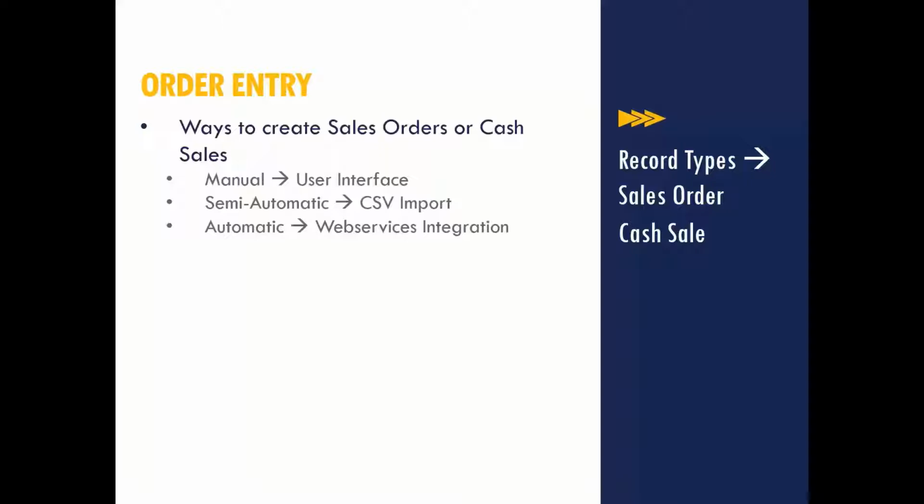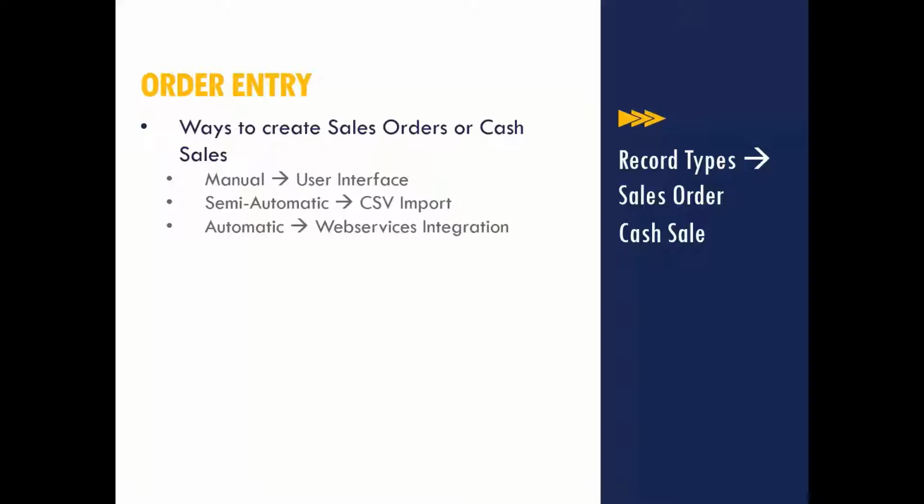Instead of manually entering into NetSuite, you have it all listed out in the file. You go to the CSV import process, and you can import those sales orders or cash sales, mapping the fields from the Excel file to the correct fields in NetSuite. So that's semi-automatic, because you can create a whole bunch of records at one time through the CSV import, but you do have to prepare the data in Excel properly first.